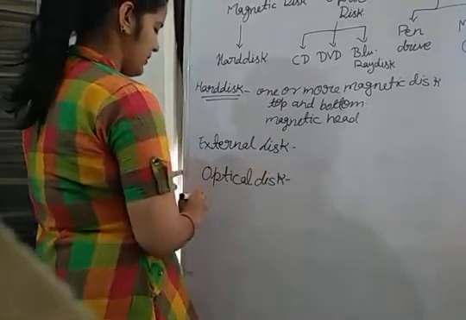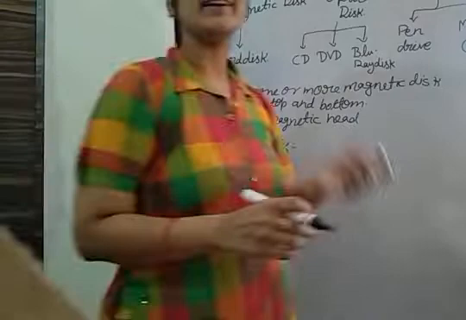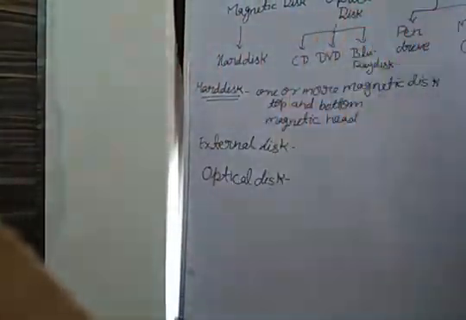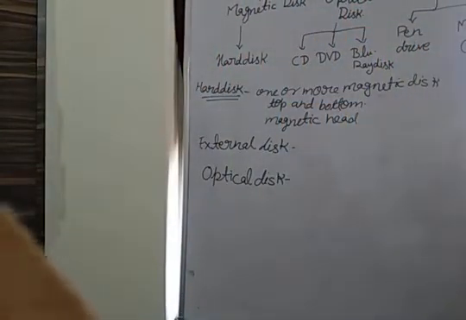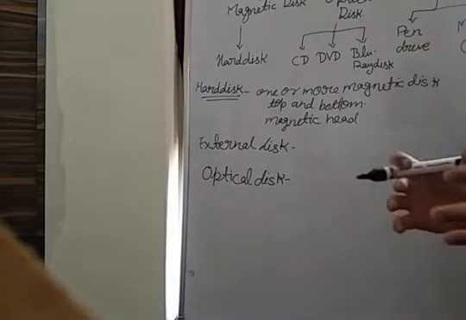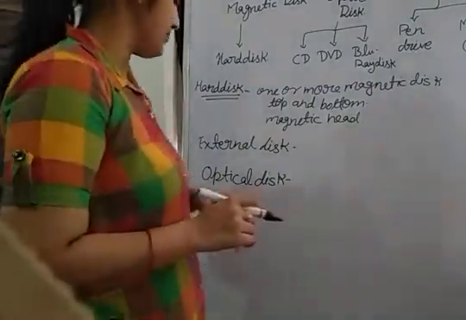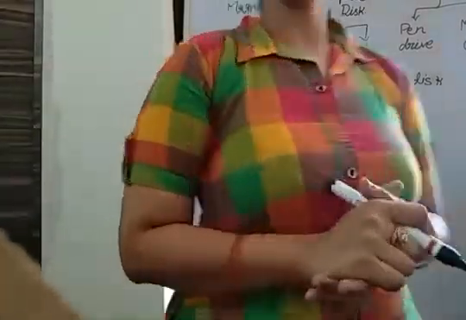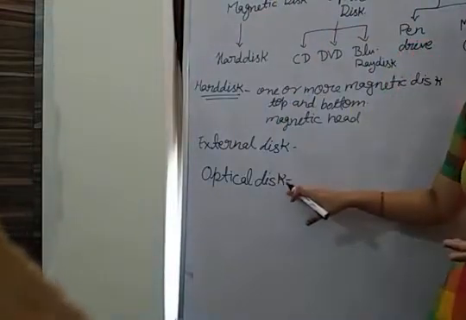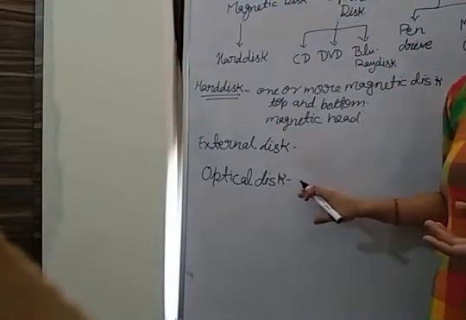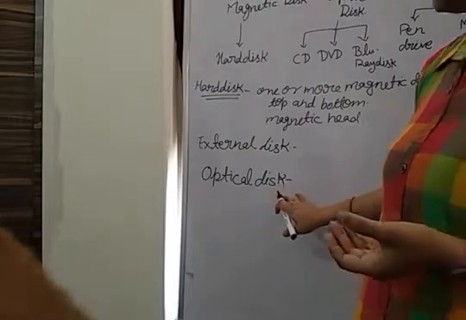Now remember students, optical disk is an electronic data storage medium that can be written and can be read using a low powered laser beam. Low powered laser beam, optical disk. Okay, and it is used to read and for the purpose of writing on the disk.